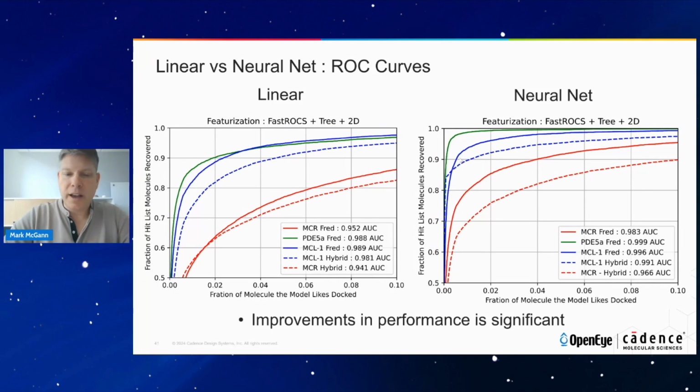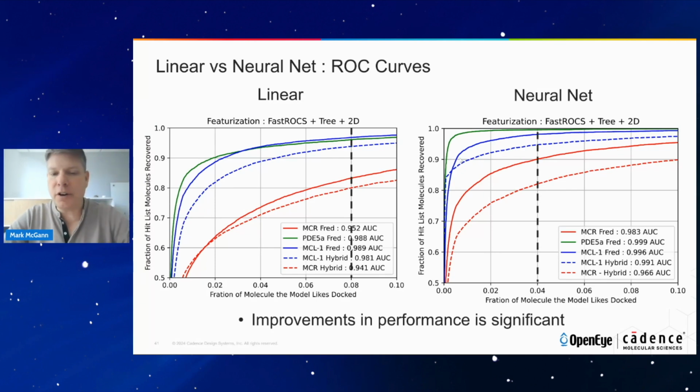And in fact, remember I told you that on the x-axis here, you choose the percentage of the molecules that you dock at the end, the percentage of molecules the model likes that you then go do real docking on. The y-axis then tells you what percentage of the Gigadock hit list you're going to recover with Gigadock Warp.